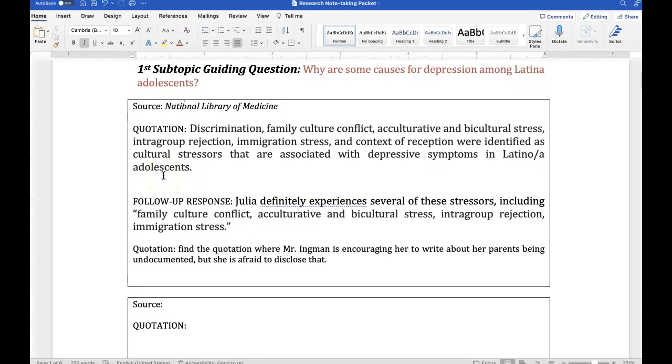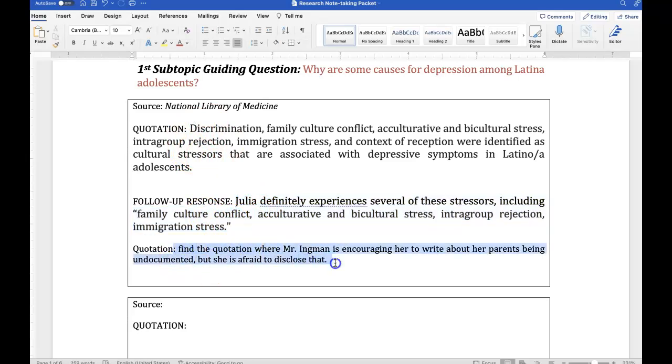So what I have here is one nice big paragraph that includes a quotation from my research, my follow-up response where I connect it back to Julia, how I see this in Julia.